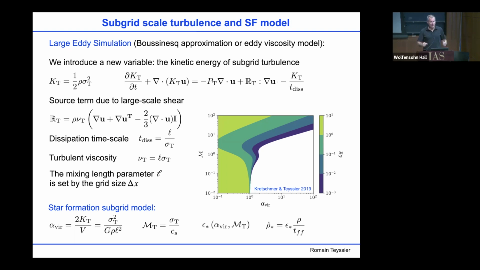Okay, so subgrid models are used in engineering a lot to describe turbulent flows around planes and turbines, stuff like that. And these models have been developed by engineers and physicists for decades. And they are basically, the idea is to come up, instead of using the ideal MHD equation, we use the ideal MHD equation, but for the mean flow.